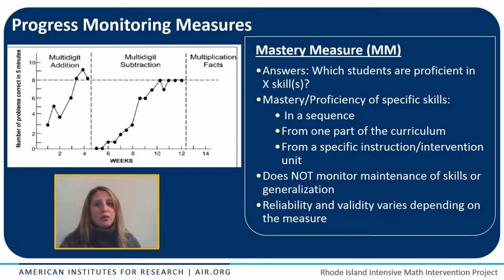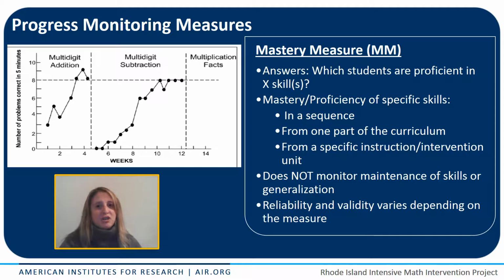The student was first monitored on their mastery of multi-digit addition before moving on to the mastery of multi-digit subtraction with the goal of getting to multiplication facts. The student did not move on to the subtraction until multi-digit addition was consistently at or above the mastery level.